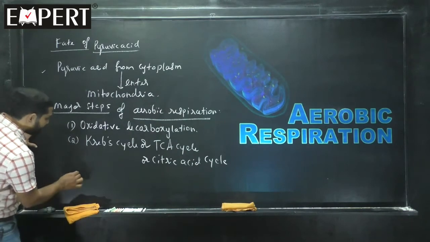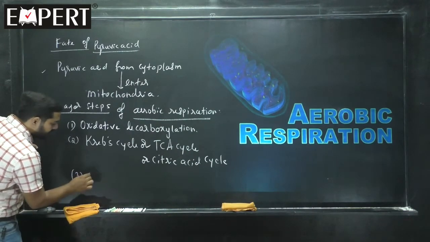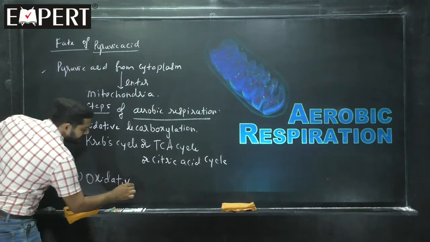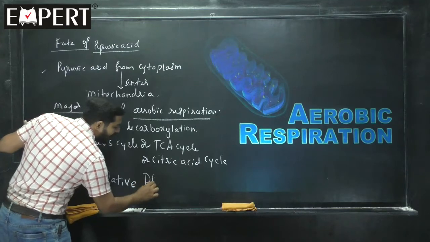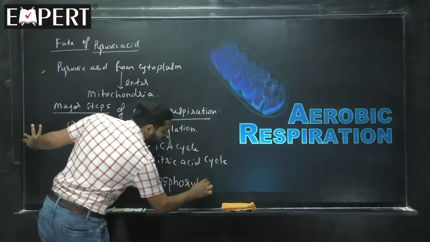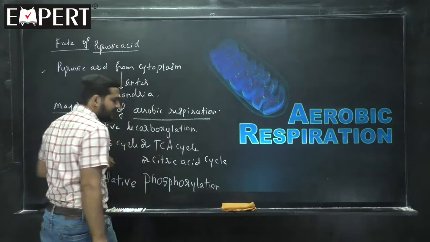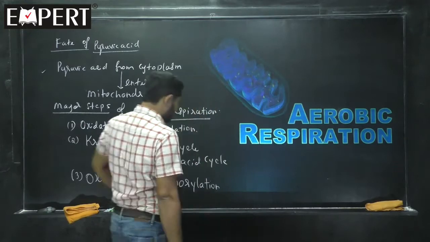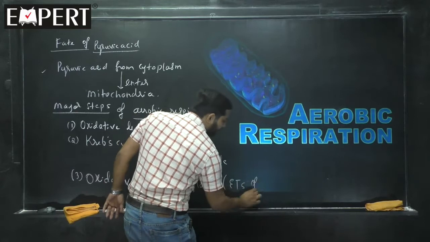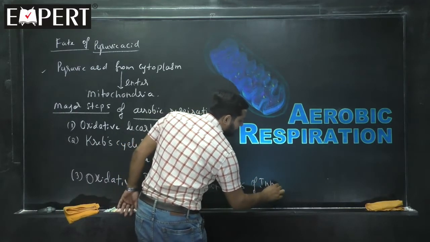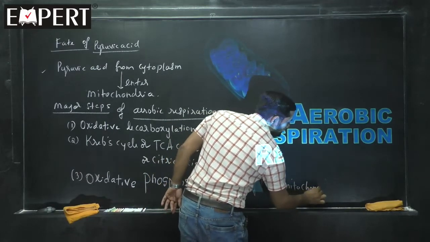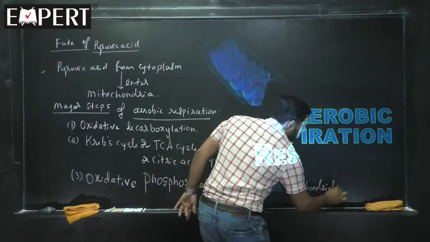The third event which occurs during aerobic respiration is the oxidative phosphorylation, which occurs in the electron transport system of the inner mitochondrial membrane.